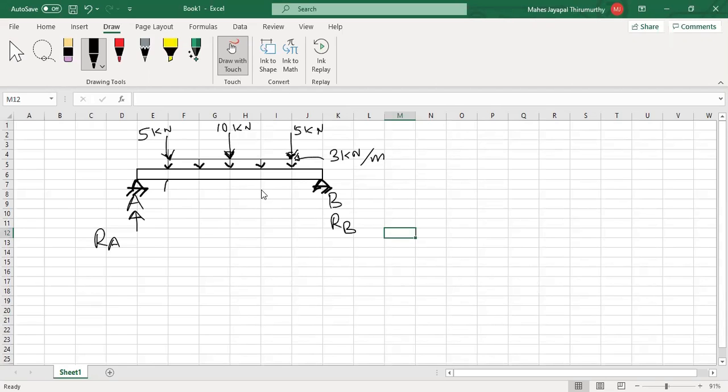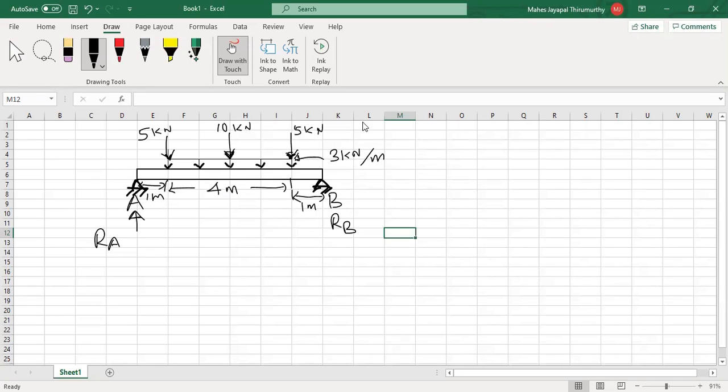So now each cell we can consider to be 1 meter. So 1, 2, 3, 4, total is 4 meters here. And this is 1 meter, and here is 1 meter.